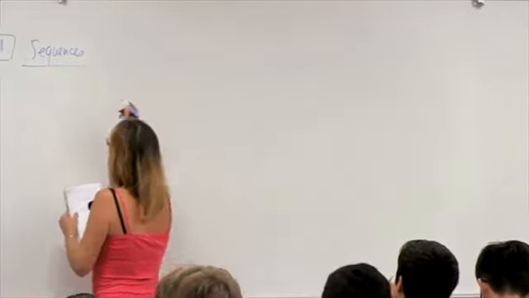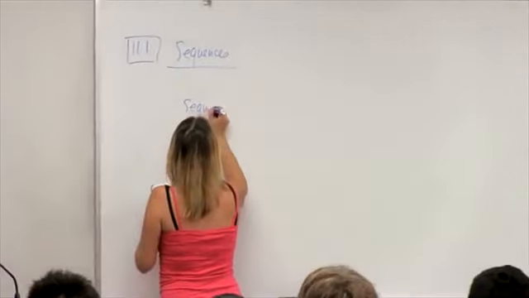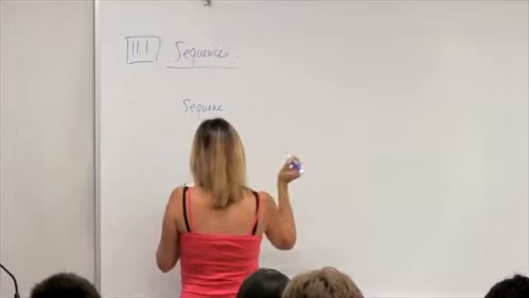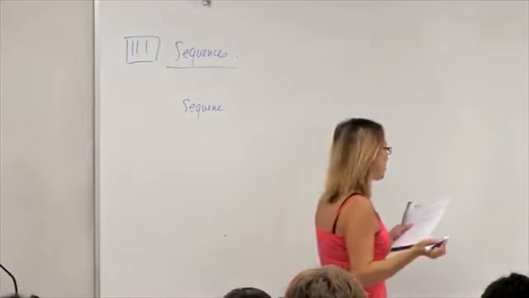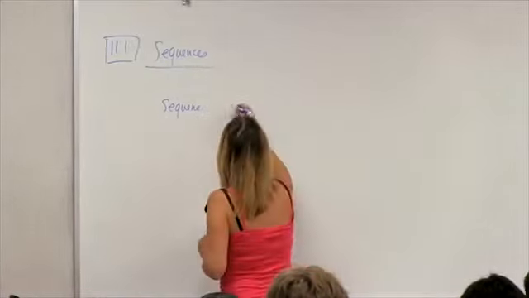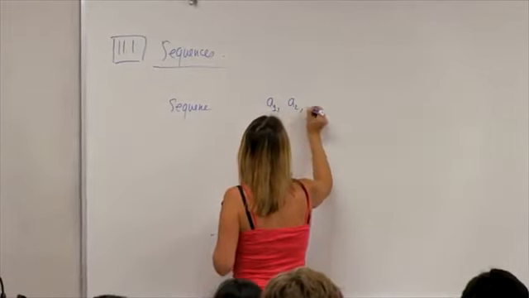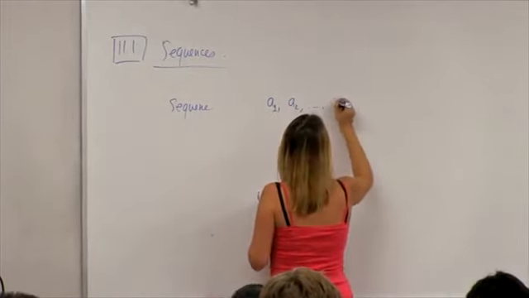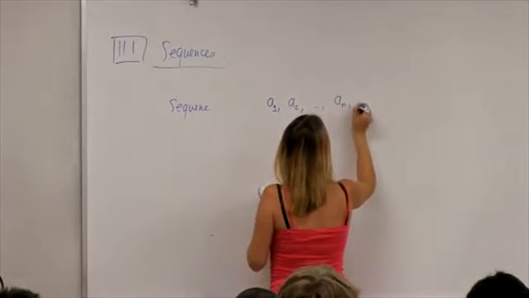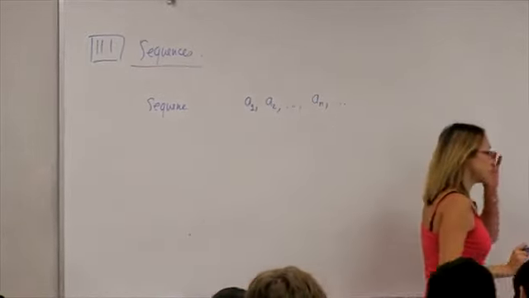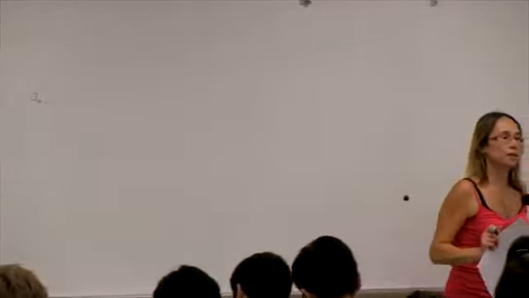Very easy chapter. So a sequence is nothing but a list of numbers written in a certain order. So we can say a1, a2, an, ... So in this class, we'll be dealing with infinite sequences.